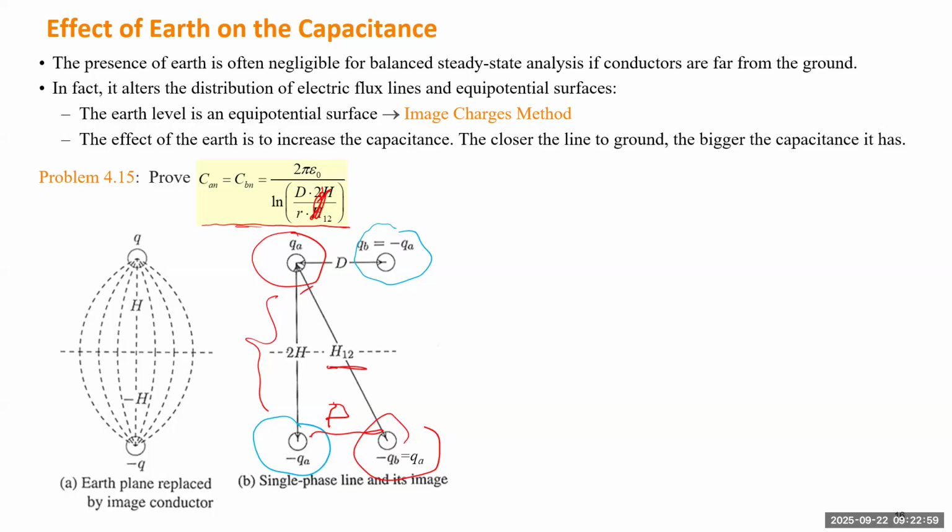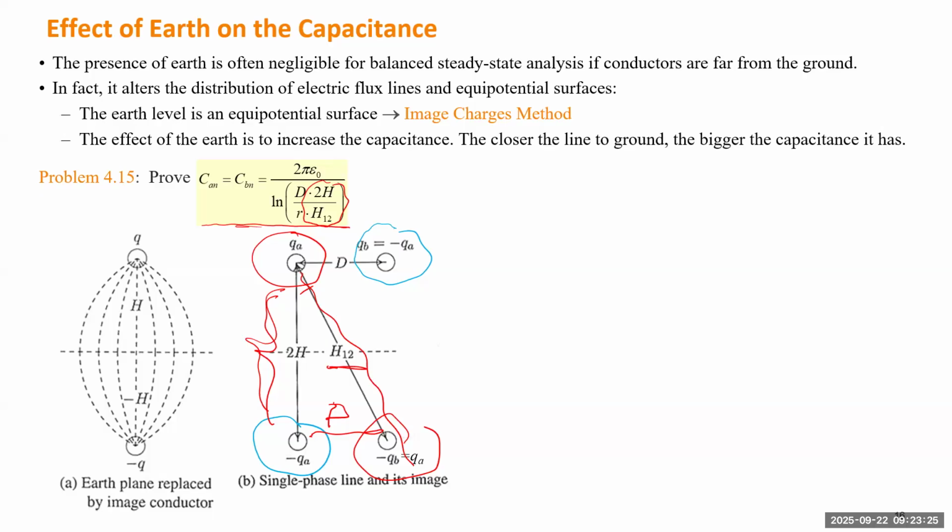But here, because we have the ground, you need to consider this factor. The numerator is the length of one edge of the triangle, and the denominator is the diagonal of the triangle. Okay, so they are not equal when the conductor is close to the ground. So we need to consider the triangle.